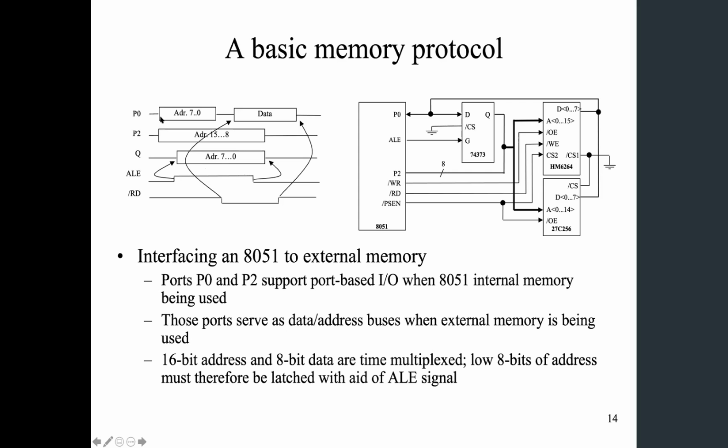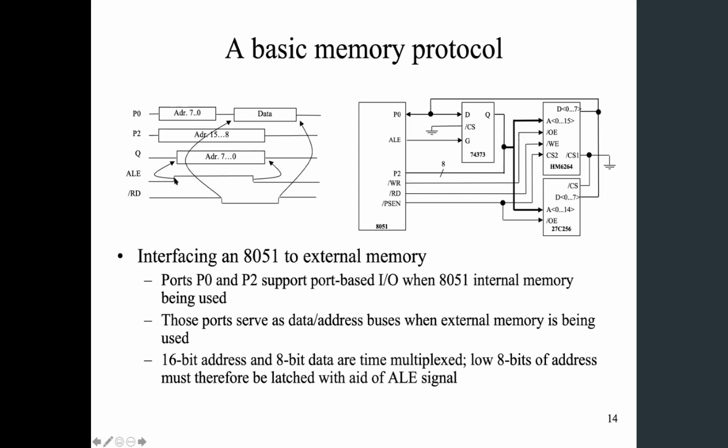We have first P0, where we store the lowest 8 bits of the address, so address bits 7 through 0, and P2 stores the higher half of the address, so bits 15 to 8. So the address will be put onto these 2 ports at the same time.